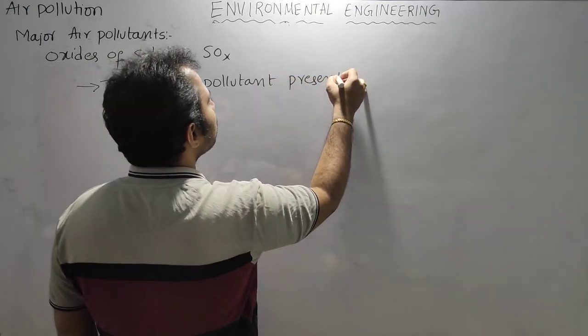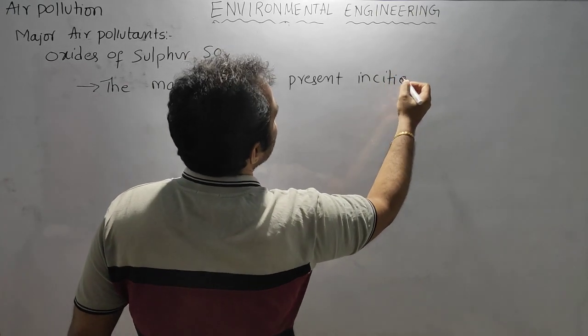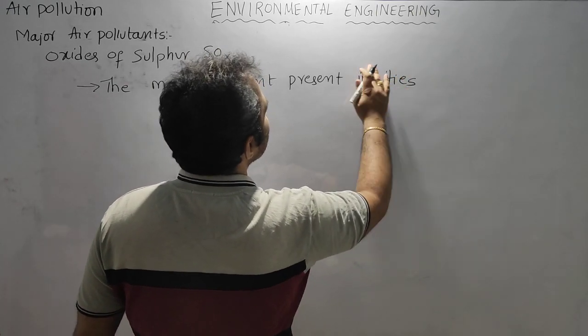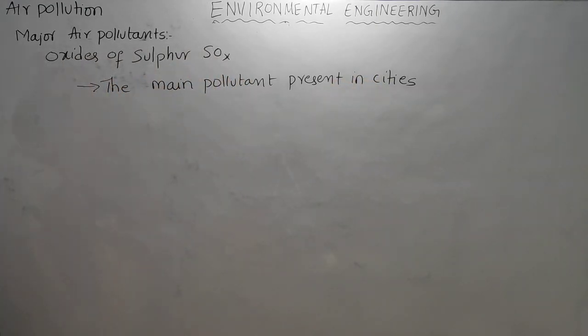Generally, this is evolved from the thermal power plants. This sulfur dioxide comes out of the combustion of fuels, especially where we use coal. From there, this sulfur dioxide will come.